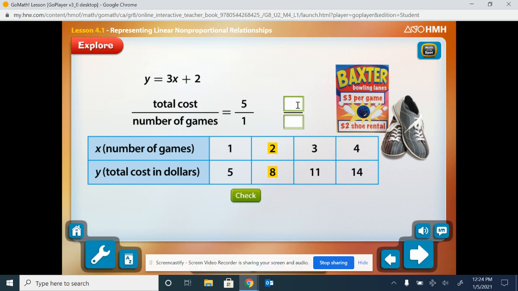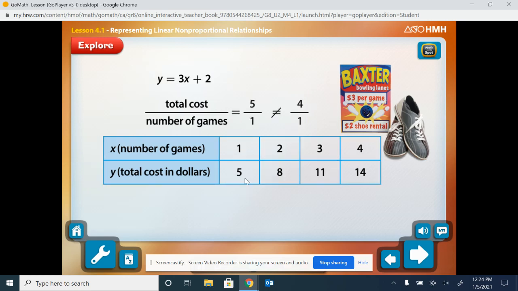I don't remember that they said simplest ratio, but anyways, the simplest form, 8 divided by 2 is 4, so it's going to be 4 to 1. I divide both of them by 2. 8 divided by 2 is 4, and 2 divided by 2 is 1. That's how you simplify the fraction. That's correct. The ratio of the total cost y to the number of games x is 4 to 1.